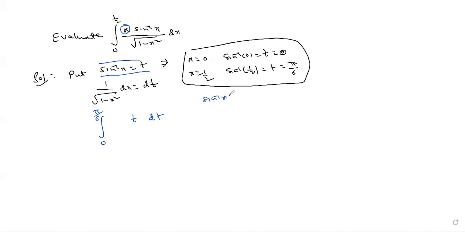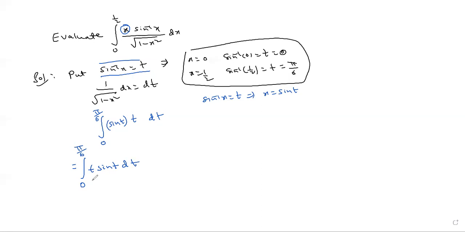If sine inverse x is t, then what is x? x is sine t. Okay. Then it is sine t. So clearly the given question is converted into 0 to pi by 6, t sine t dt. Okay, 0 to pi by 6 t sine t dt.